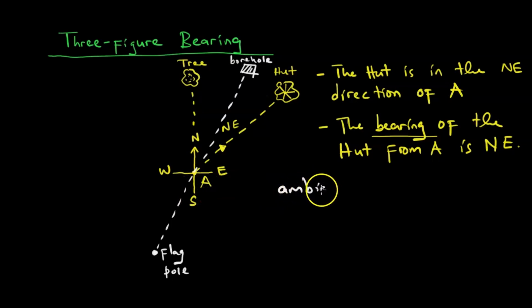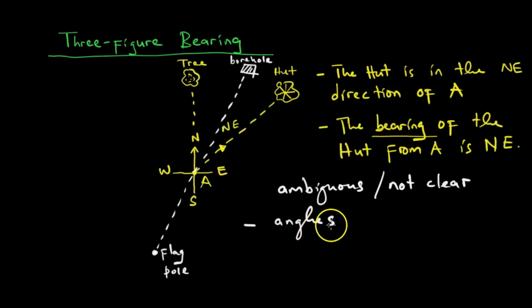It is ambiguous, meaning it's not clear. Because of that, we do not describe the bearing of the ball from A using directions. Rather, we are going to use angles. When we use angles to describe a bearing, that is when we introduce the three-figure bearing.